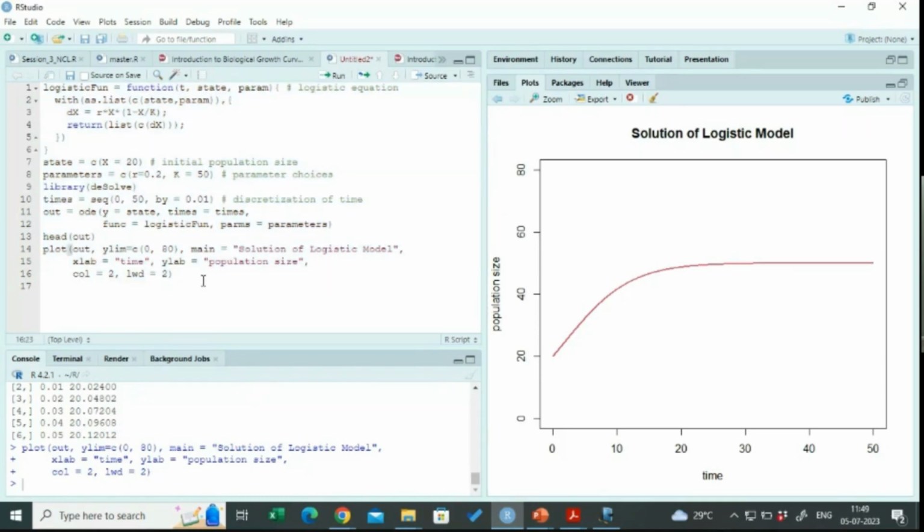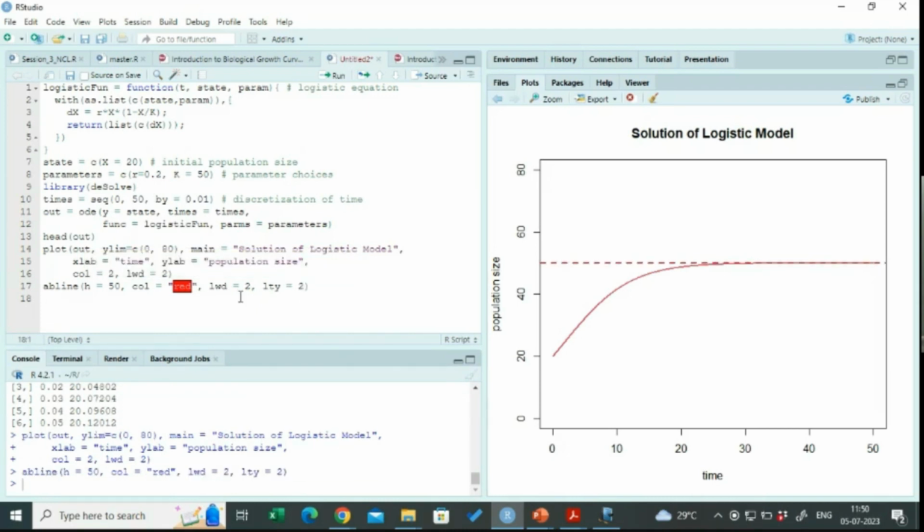So how do you put this carrying capacity k here? You use abline, a horizontal line at 50. You can give color equal to red, lwd equal to 2, and line type equal to maybe 2. Instead of red you can give blue.